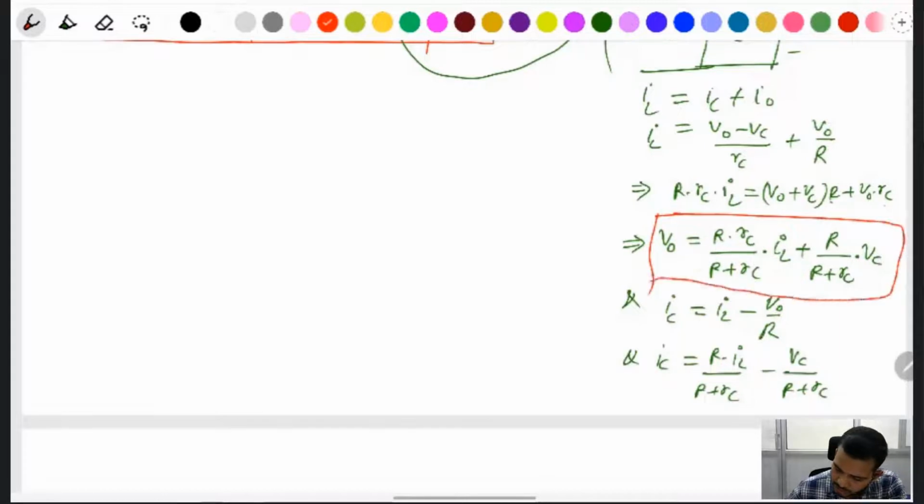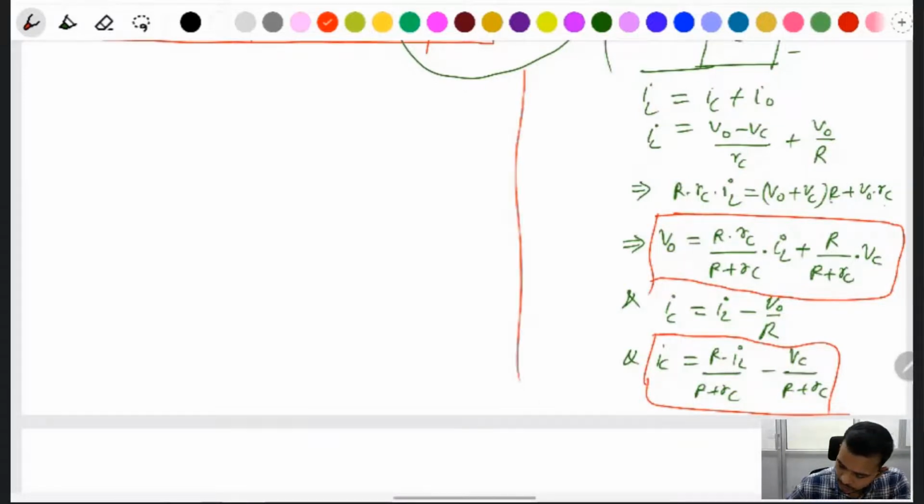We have two equations here, for V naught and for IC. I have written R plus RC as a constant A.